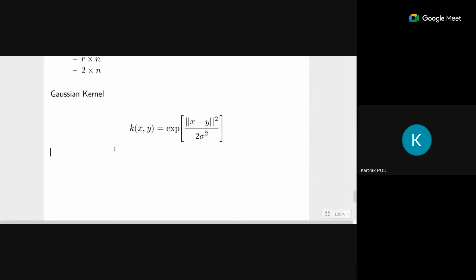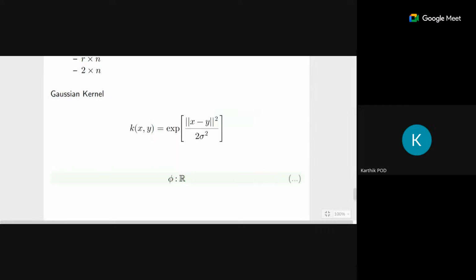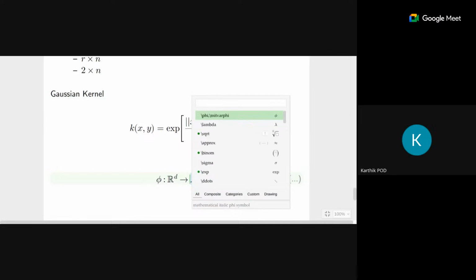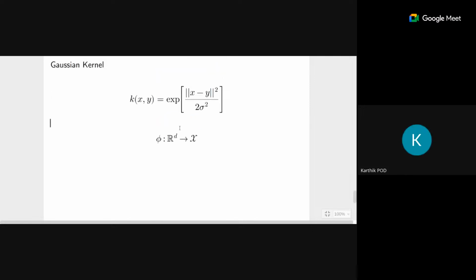The Gaussian kernel actually has a corresponding transformation from R^d to some different space, not the same x. This space is actually some infinite dimensional space, right? So we don't even know what phi is in this case.